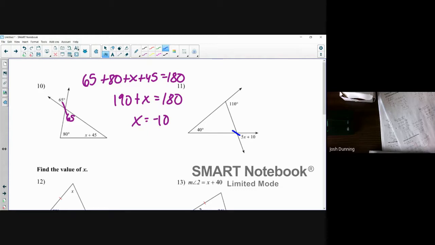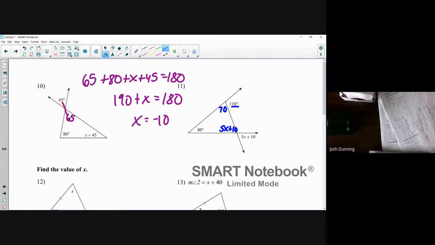Now on 11, we have another, hey, you're going through a vertex. We go through that intersection. That's a vertical angle. Those are equal. So in that bottom corner of your triangle, it's 5x plus 10. But now for the top one, that's a straight line. So 180 minus the 110, that's 70 in there, since they form a straight line.